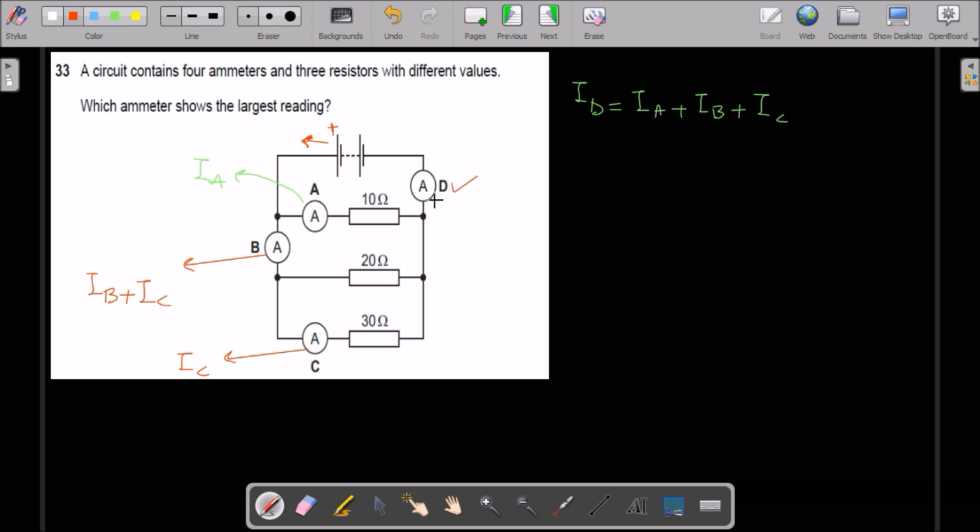So ammeter D has the largest current, because in ammeter D, ID equals IA plus IB plus IC. For ammeter A, current will be IA. For ammeter B, current will be IB plus IC, because in this part current divided in two parts.